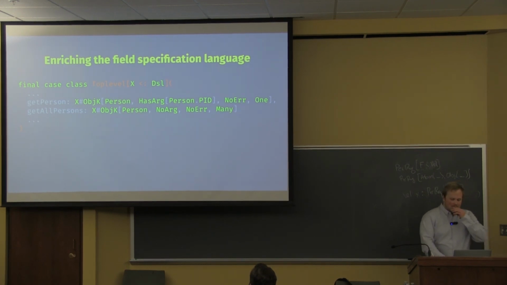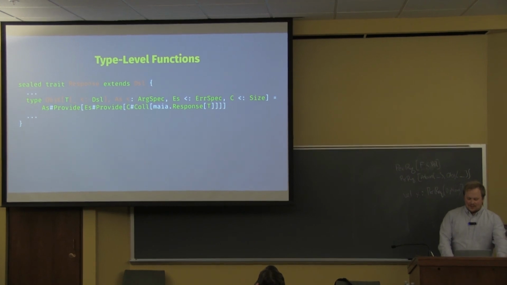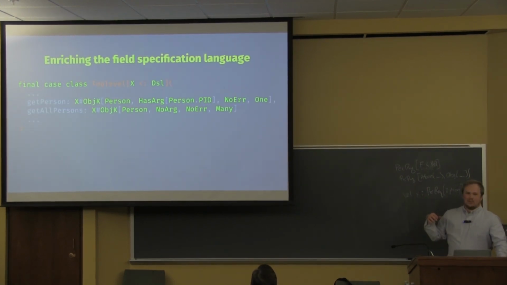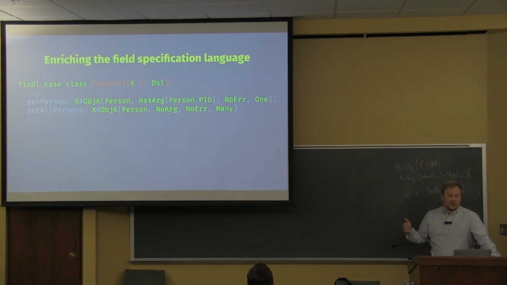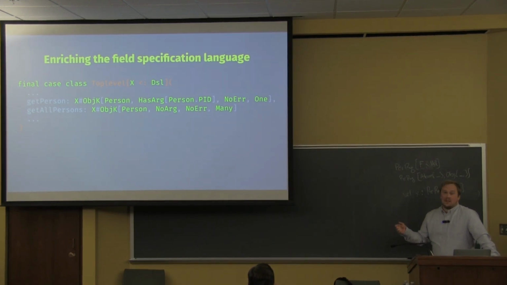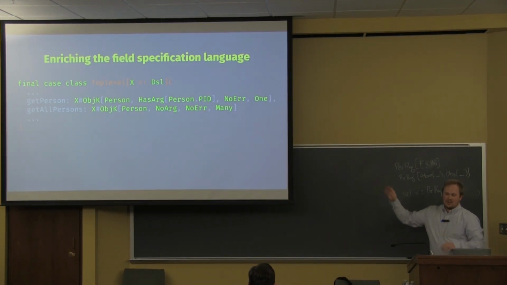Okay. So the question is, how does this work? Because this is a pretty gnarly type. Everything in that is a type. Has_arg is a sealed trait. Person ID is a type that you define. No error is a sealed trait. No error extends error spec. There's a whole bunch of type nonsense going on there.